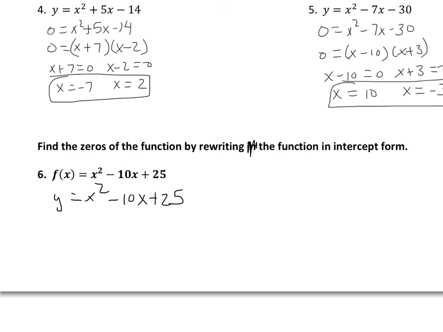And then what it means to do is, instead of y, you say 0 equals, because these are the x-intercepts, so try to factor and bring this one in.